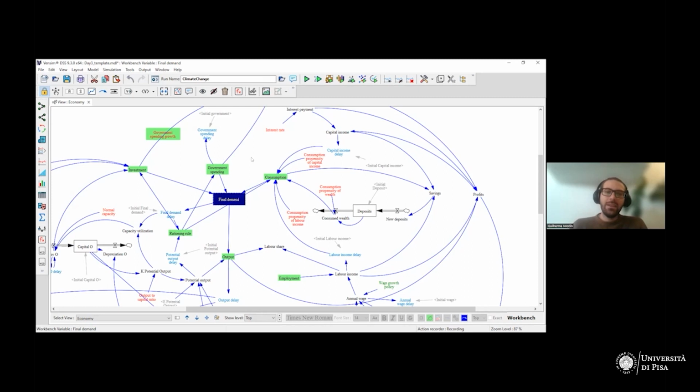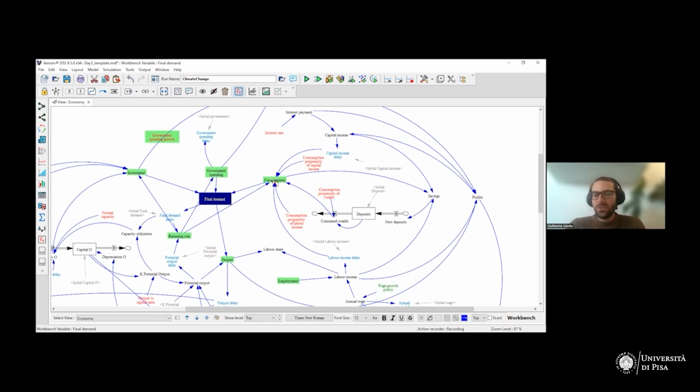What happens here? If I apply it only to final demand, not to consumption, for instance, then I would be reducing this variable here, but this one would keep the dynamics that it has from before. So the value of consumption could keep increasing, and I would be, in a way, artificially reducing only demand without changing consumption. Then I could have other problems in the model, right?